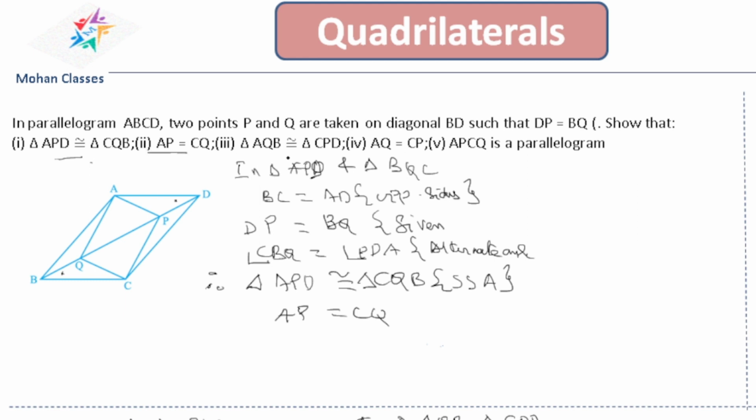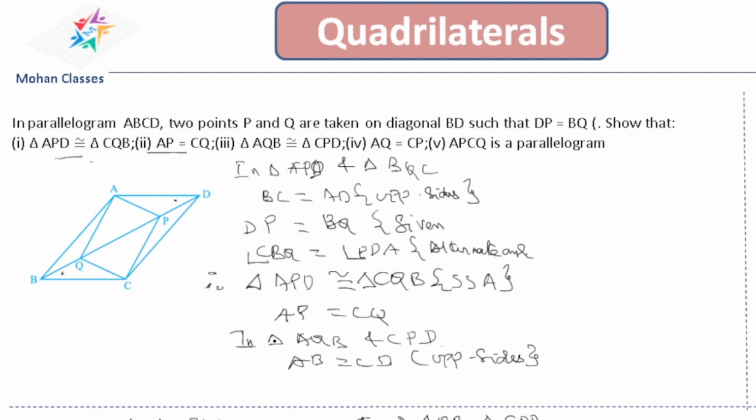Now we have to prove AQB is congruent to CPD. So let us take triangle AQB and CPD. In these two triangles, CD is equal to AB, or AB is equal to CD, opposite sides.